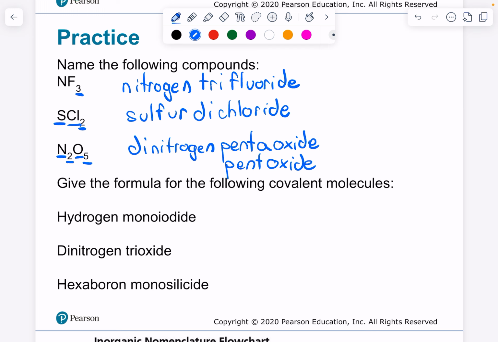Next one, if we're going from name to formula, hydrogen, it doesn't tell us how many. It must mean one because it's the first one. And then iodide is iodine, and there's only one of them, so mono, so it's just HI.